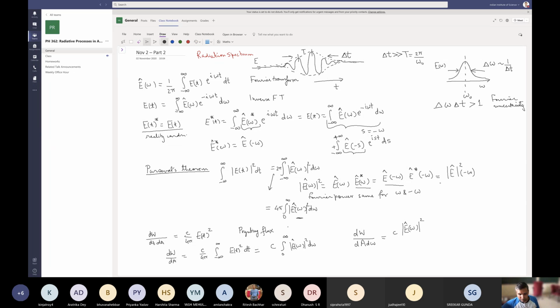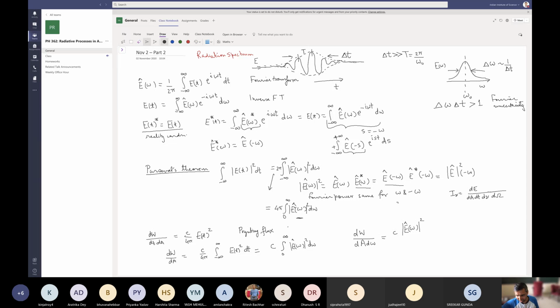If you recall our specific intensity, that was energy per unit area, per unit time, per unit frequency, and per unit solid angle. Now here we have energy crossing per unit area, per unit frequency, right?